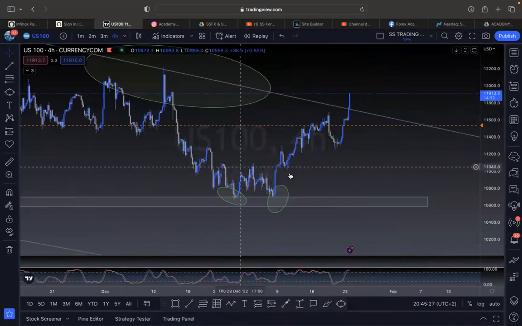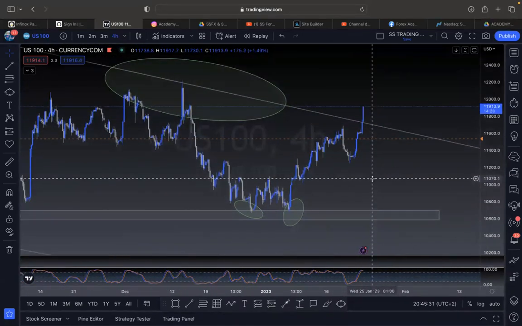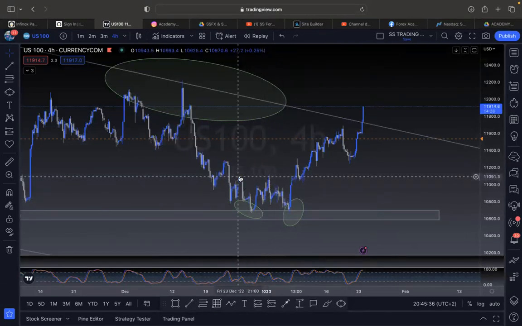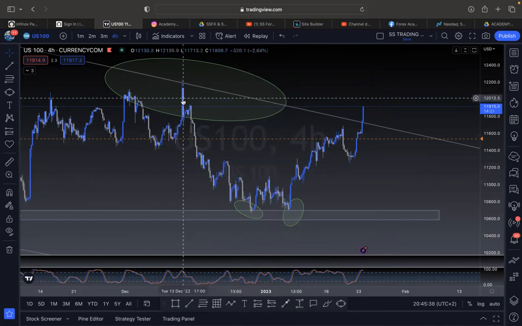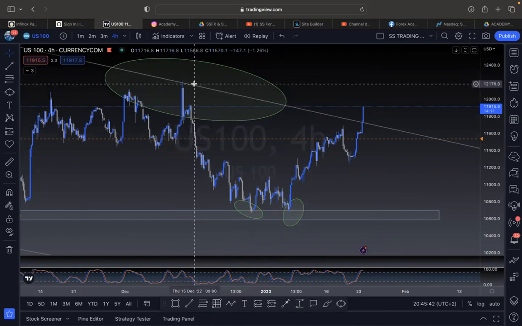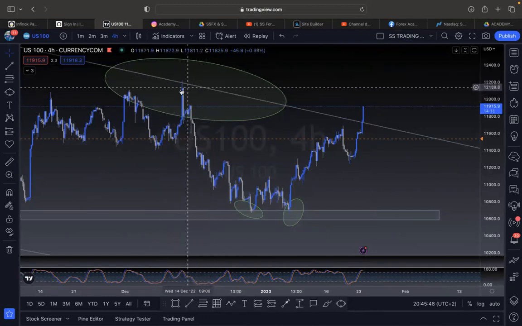Okay, now according to 4-hour structure, where's our last major high, guys? So would it be here, here, or here? There where your finger is. Correct. So that is the last major high, right?